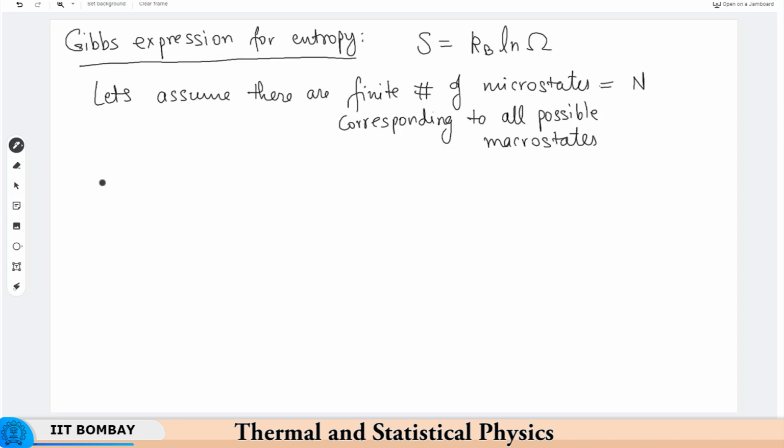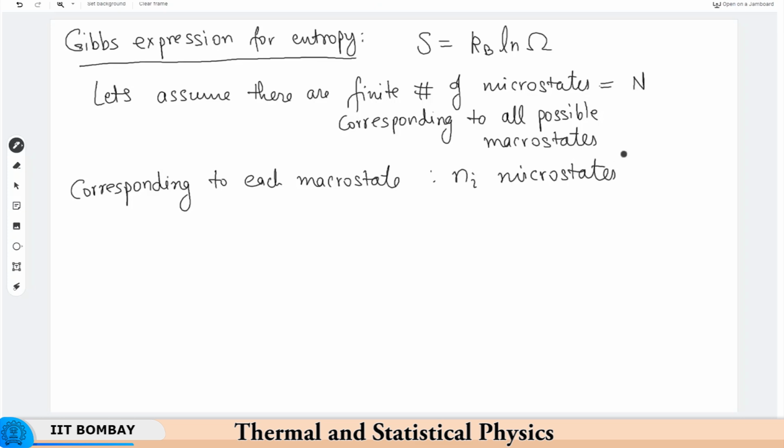Say there is a certain number of macrostates in the system. Corresponding to each macrostate there are ni microstates.